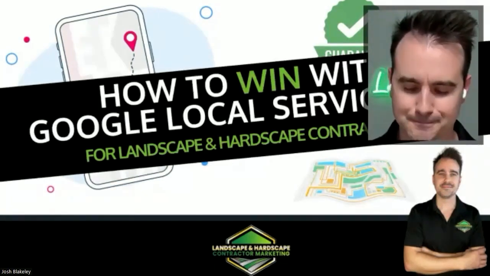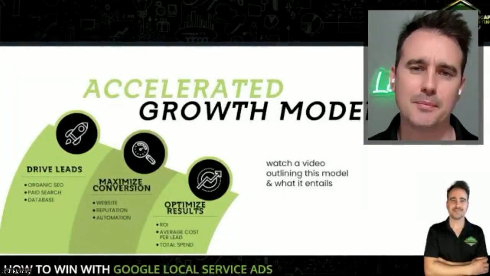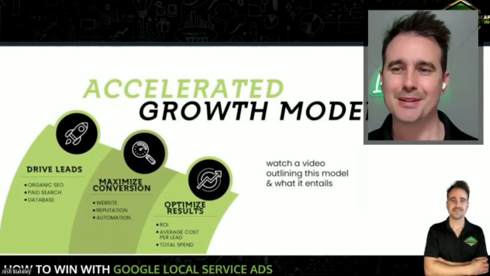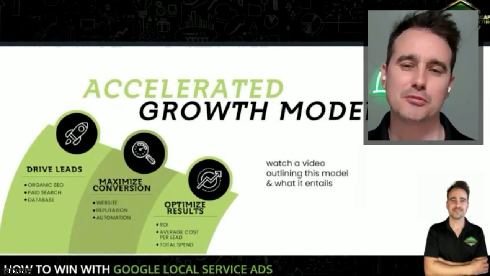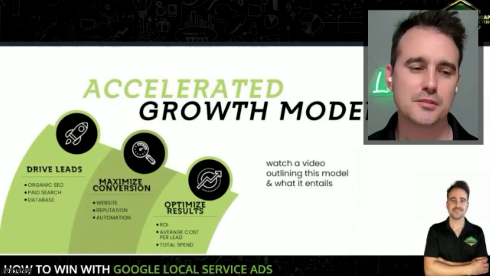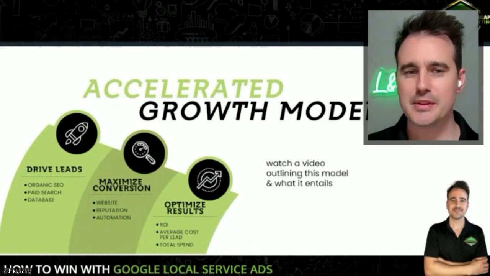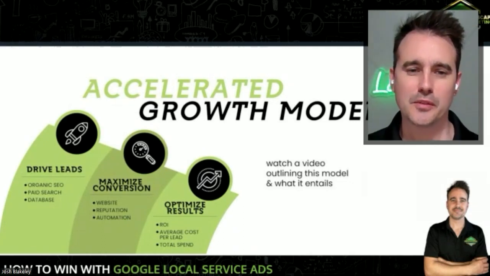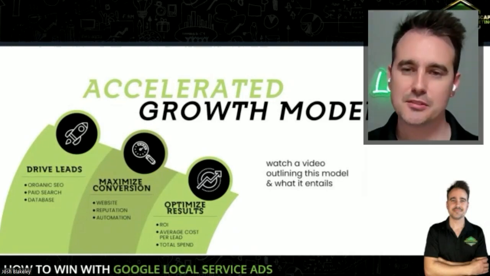And before we start, I just want to take a moment to go through a little bit about the model we're using at Landscape and Hardscape Contractor Marketing. We're using what's called the accelerated growth model for our clients who are using this service, and it really boils down into three key areas. The first part is we want to set things up to drive leads to your business.